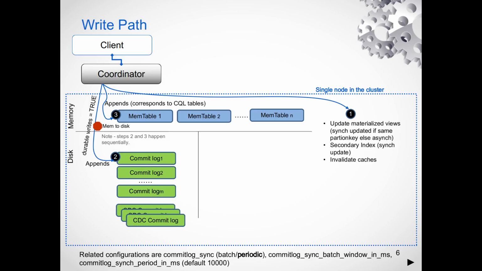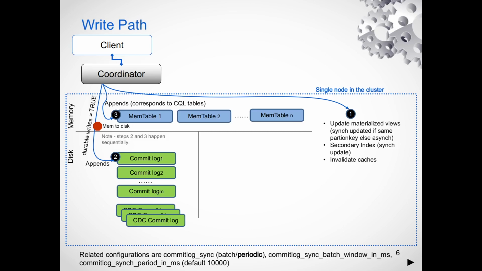The important thing is secondary indices. When we create a secondary index, we know that it is an internal table that Cassandra has to manage. So the moment data is coming into a table, if there is a secondary index, it has to go and update that as well. The third part is invalidating the caches. This last point is very specific to the read path.